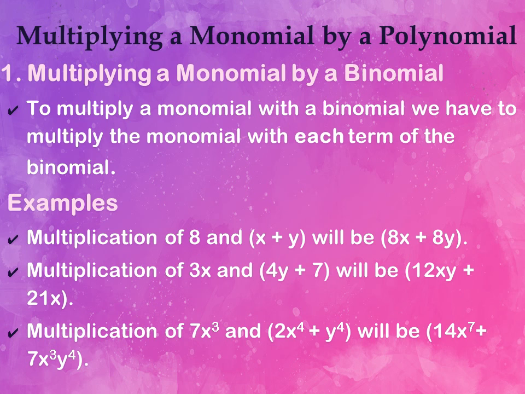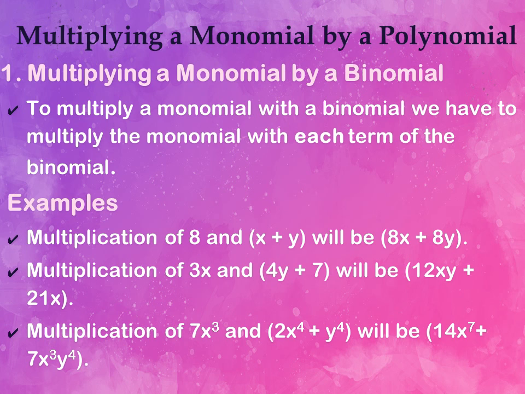For example, multiplication of 8 and x plus y. Here 8 is a monomial as it is a single term, and x plus y is a binomial as it has two terms. So here product of these two, 8 into x is equal to 8x and 8 into y is equal to 8y. So the product of this monomial and binomial is 8x plus 8y.